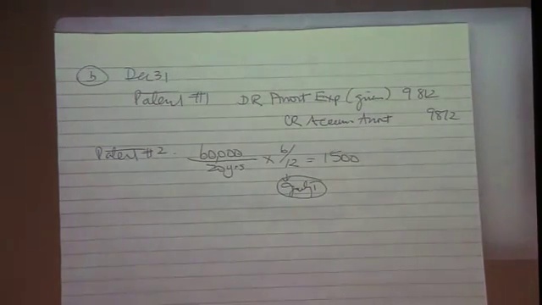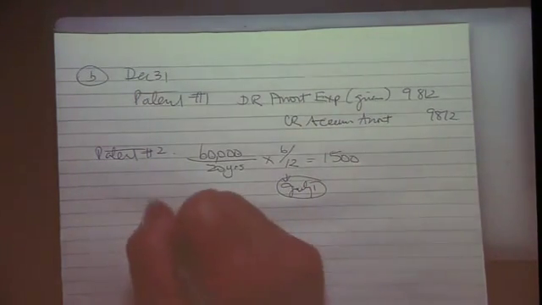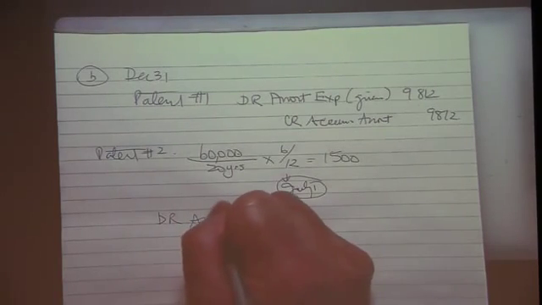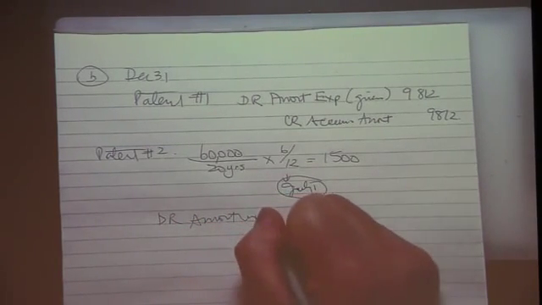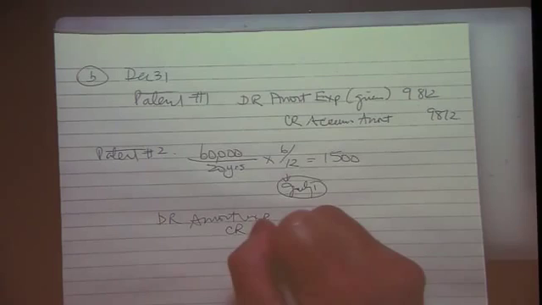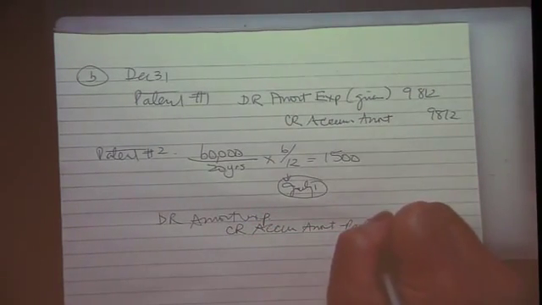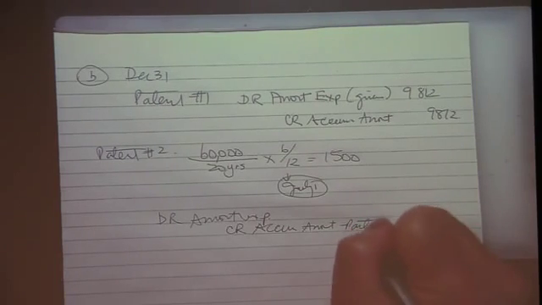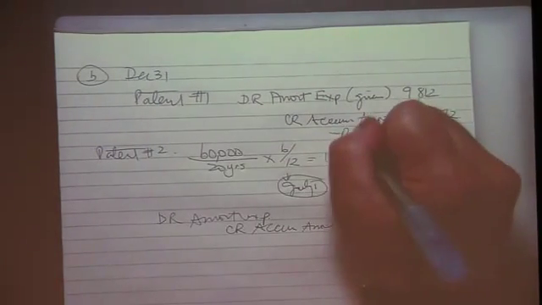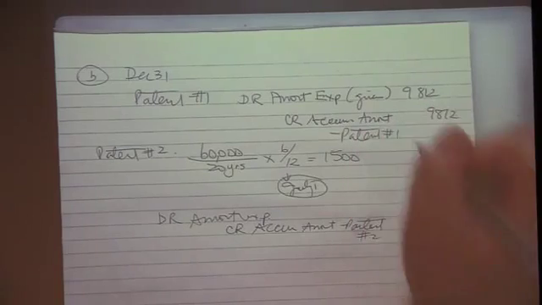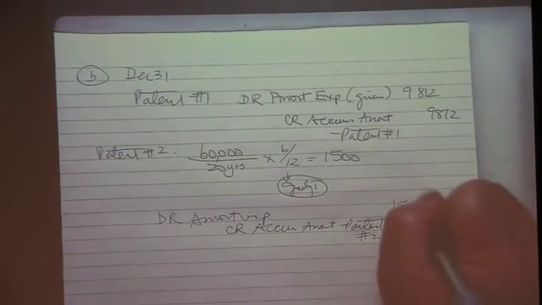Right? That's a very important point. So we need to debit amortization expense again and credit accumulated amortization patent number 2. This is patent number 1. And that is for $1,500.